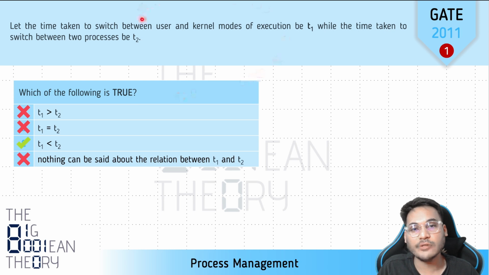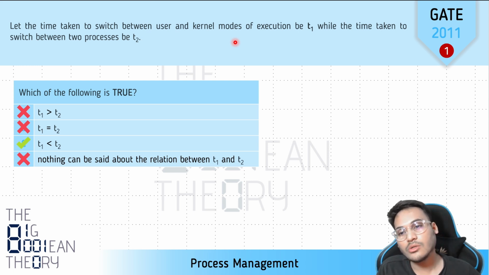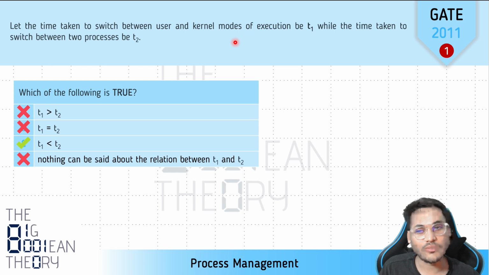T1 is the time for switching between user and kernel mode. As I said, it is instant and takes just one instruction, the trap instruction or the return from trap instruction, whereas the time to switch between two processes will be much more because it involves several memory operations where we save the registers for one process and load several registers for another process. So T1 is less than T2. Option C is the answer for this question.